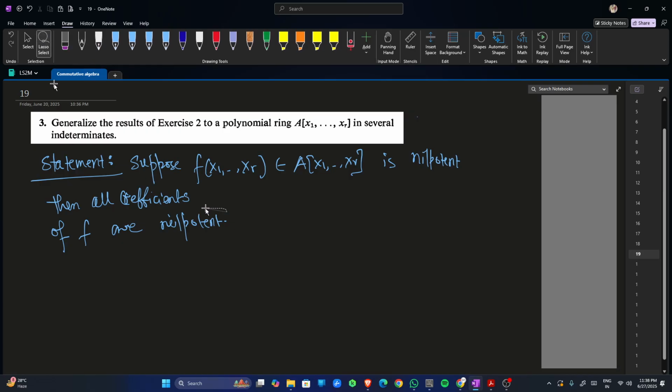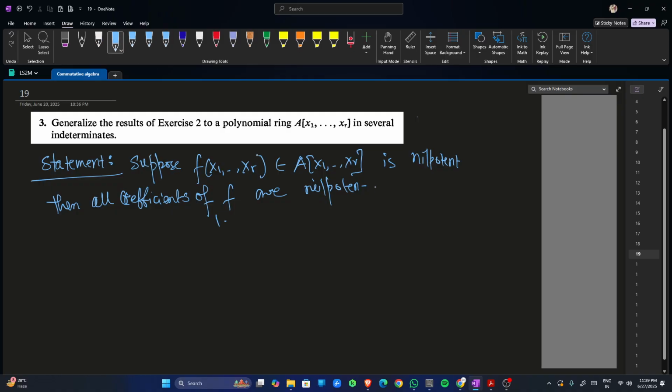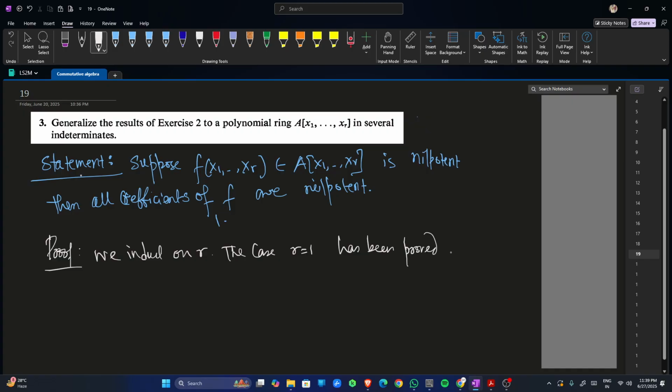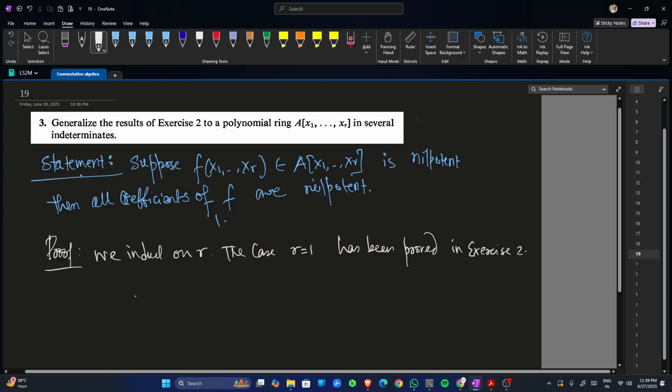This is our claim. So, proof. We induct on r. The case r equal to 1 has been proved in exercise 2.